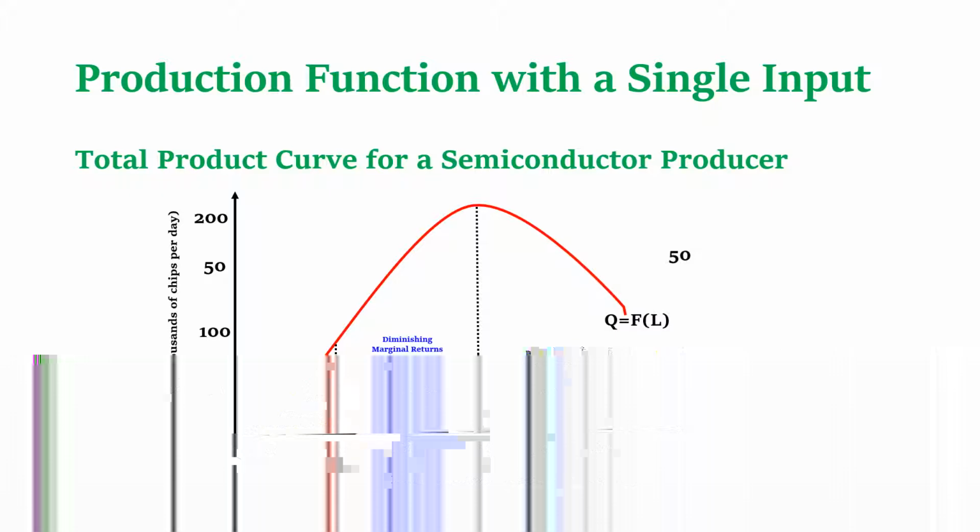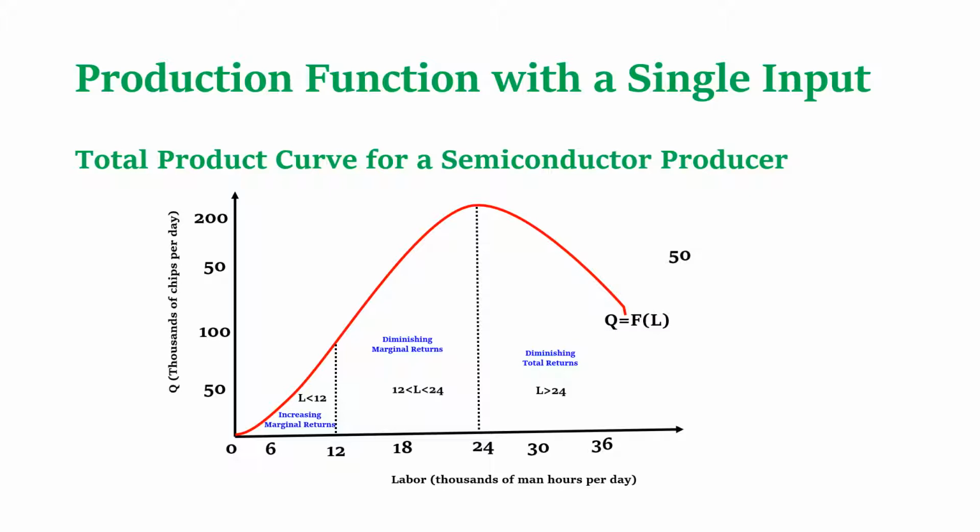So think of this like this. Now the increase in marginal returns is usually thought to occur because of the gains from specialization of labor.